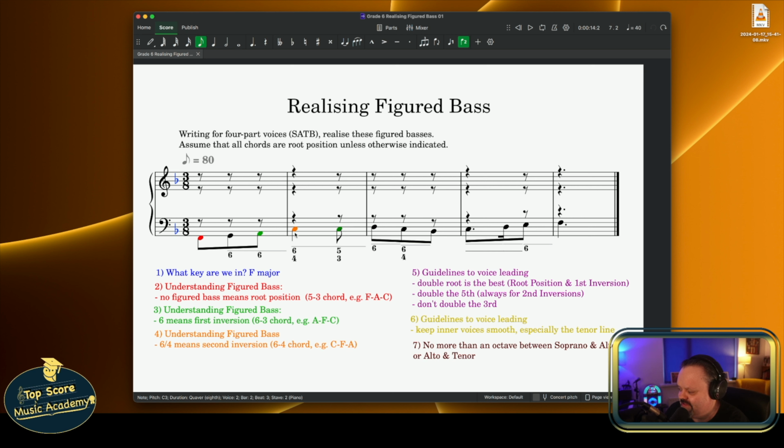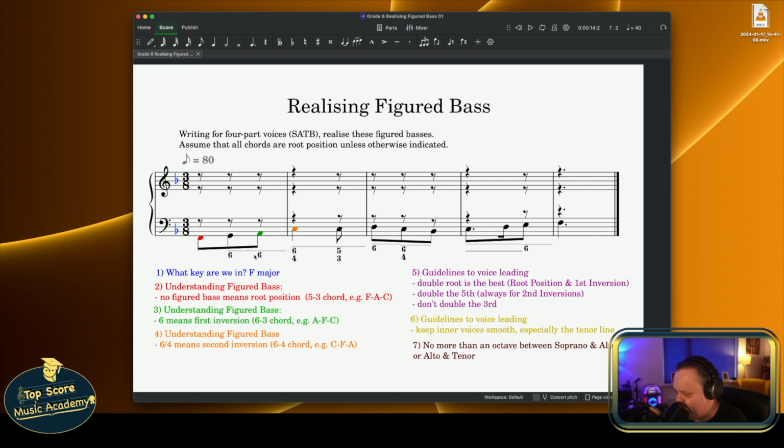So the fourth above C will move to the third above C. That's quite a common chord progression, the cadential 6-4 you'll see quite often at cadences. Sometimes the 5-3 will be written if it comes after a 6-4 chord, indicating very specific movement in those parts. But most of the time you won't see 5-3 written, in which case any note without figured bass underneath it is treated as a root position chord.